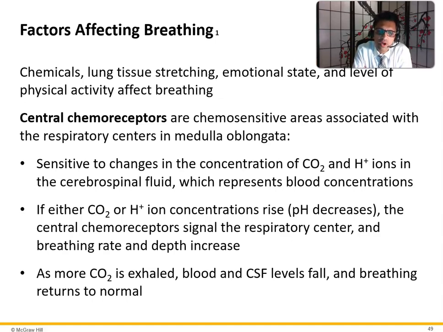So if either carbon dioxide or hydrogen ion concentrations rise, your pH decreases. Okay, so if your pH decreases, that means you become more acidic. The central chemoreceptors signal the respiratory center and breathing rate to increase. As more CO2 is exhaled, blood and CSF levels fall and breathing returns to normal.